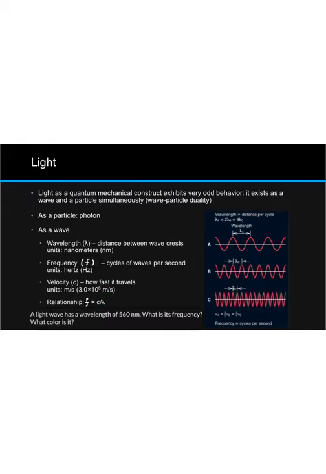The relationship between frequency, speed, and wavelength for light is therefore a constant value. So, our speed of light gets a special symbol. Because it's constant, we'll give it the symbol c.